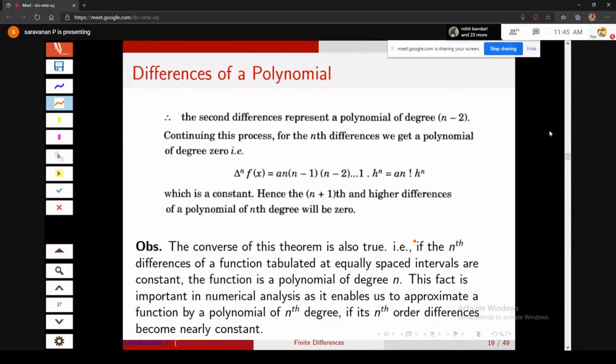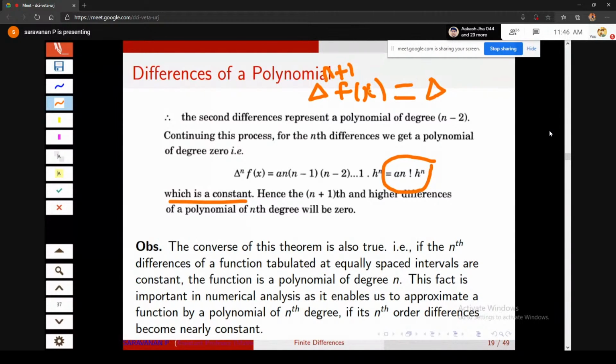And you can note that in this there is no x. X is the variable, there is no x here. Therefore, it is a constant. So if I find the higher order difference, delta power n plus 1 of f of x, it is 0 because it is a constant. We can write this as delta into delta power n of f of x.